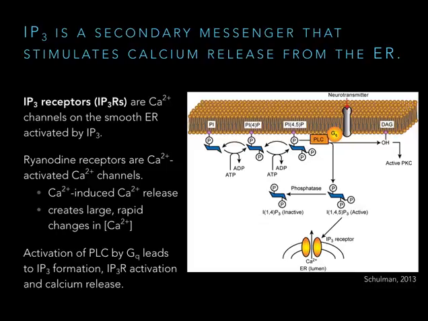IP3 will float on down to the smooth endoplasmic reticulum and bind to IP3 receptors, causing the release of calcium. You get a very large release of calcium because there are also ryanodine receptors that are calcium sensitive calcium channels. So when you get a little bit of calcium release, that then causes what we call a calcium-induced calcium release. So you get a maximal release of all the intracellular calcium.